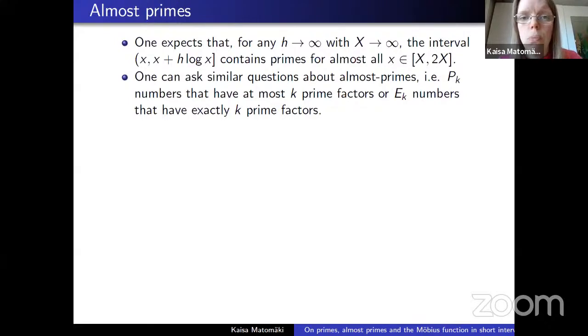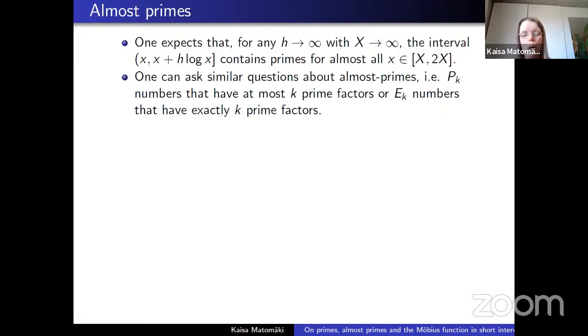So let's move on. Okay, so now I talked about primes, and the next thing in my title is almost primes. So let me explain what is an almost prime. It's either a P_k number, which has at most k prime factors, or an E_k number, which has exactly k prime factors.